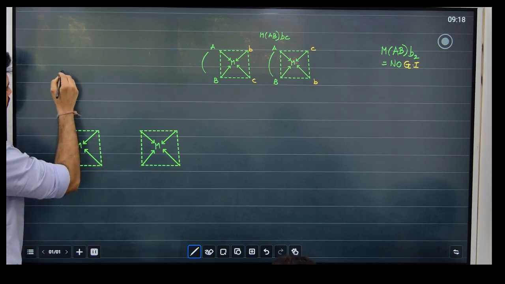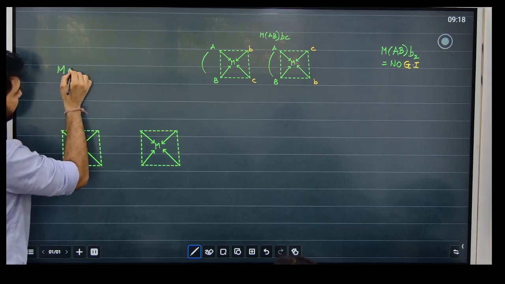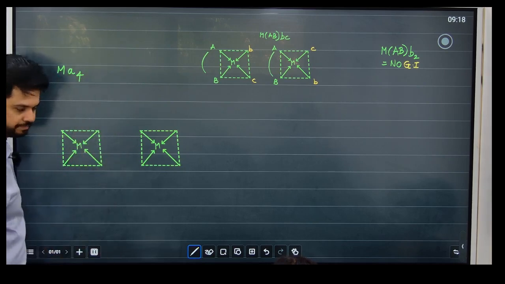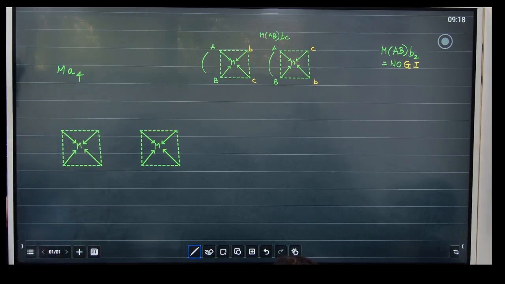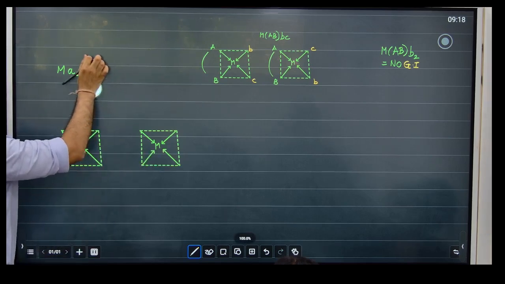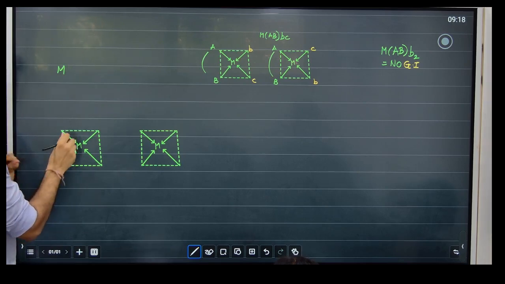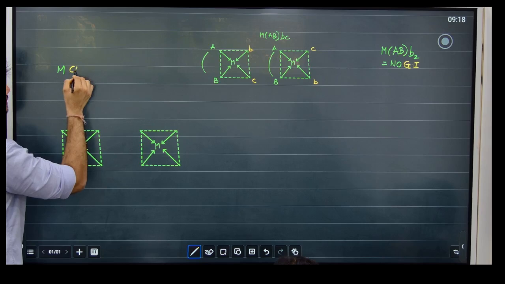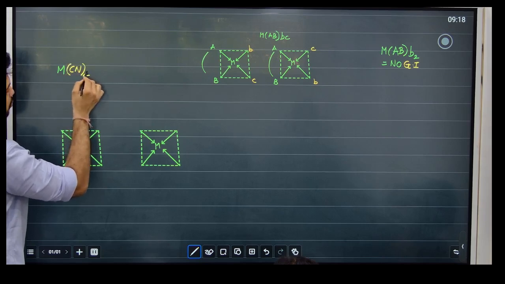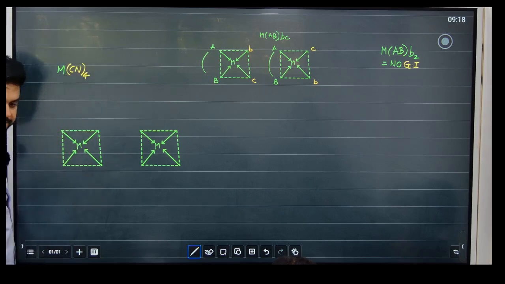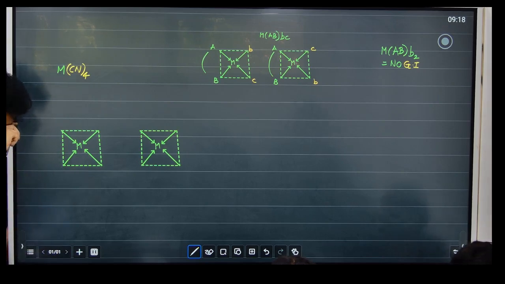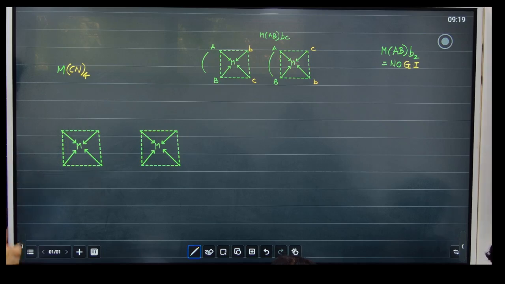But if I give you, let's say, MA4, no GI. Will it show any GI? No. But specifically, if I give you MCN4, will it show GI? Because it's the same as MA4.